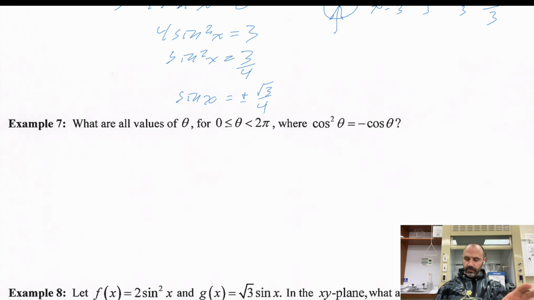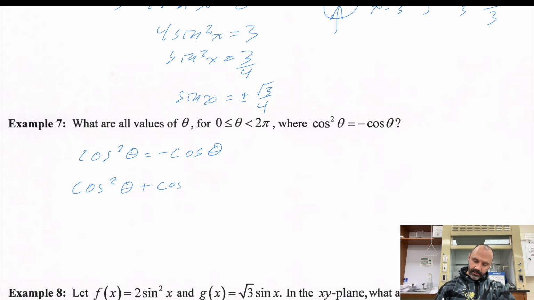Okay, example 7. I want to find the places where cosine squared of theta equals negative cosine of theta on the domain of 0 to 2 pi. So I'm going to add cosine to both sides. So I get cosine squared of theta plus cosine of theta equals 0. Factor out cosine. So cosine of theta times cosine of theta plus 1 equals 0.